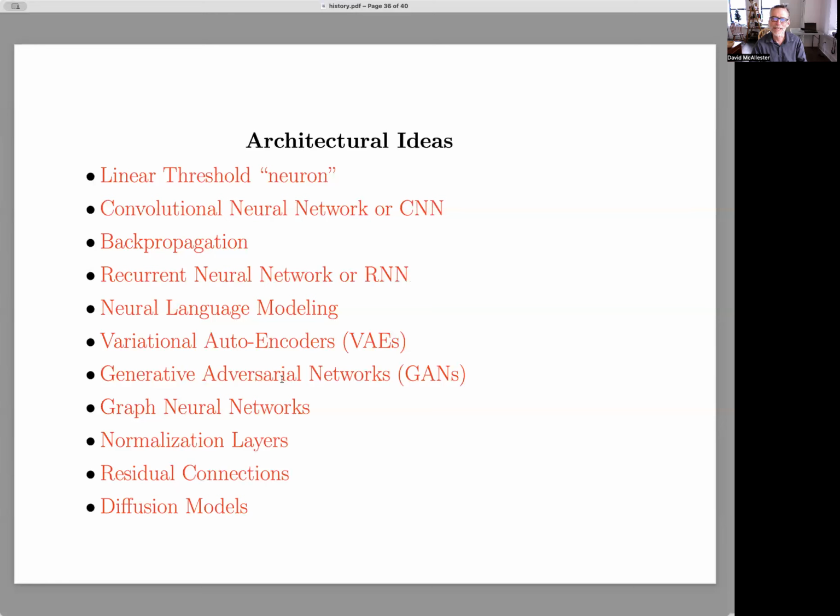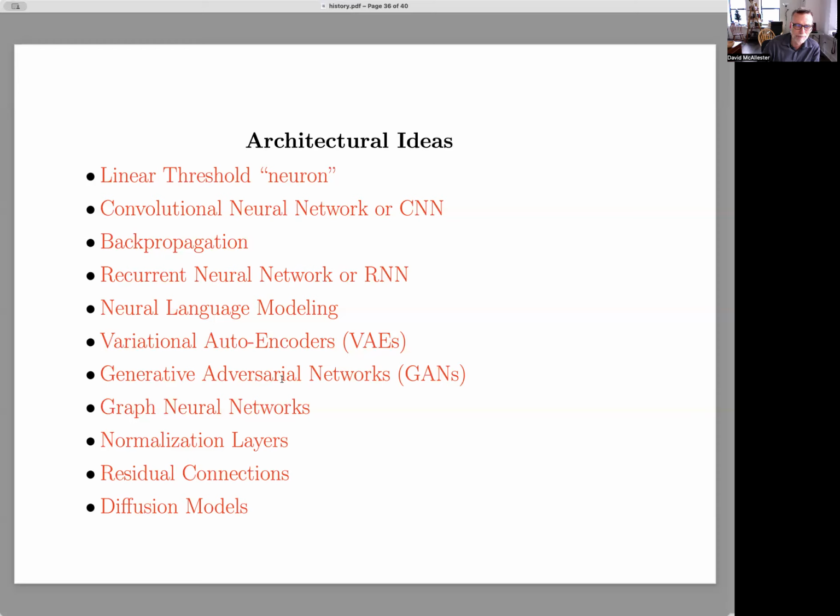So here's a list of core architectural ideas. Going back to 1943, we have the linear threshold neuron. Then, in the 1980s, the neocognitron was developed, the CNN. Backpropagation is a central idea. Recurrent neural networks, or RNNs, are not quite as popular now, but were a central architectural idea.